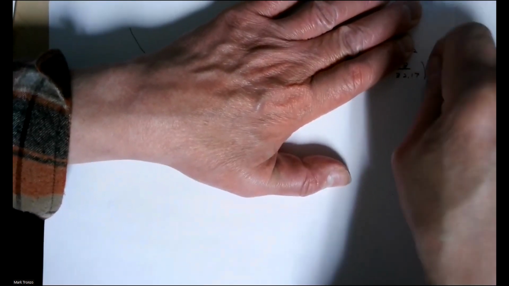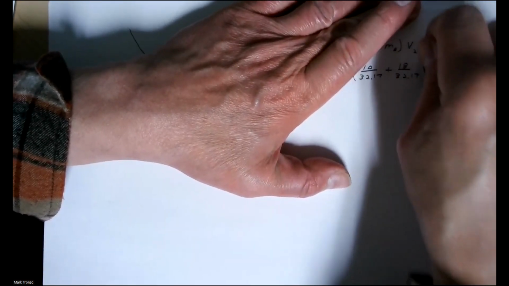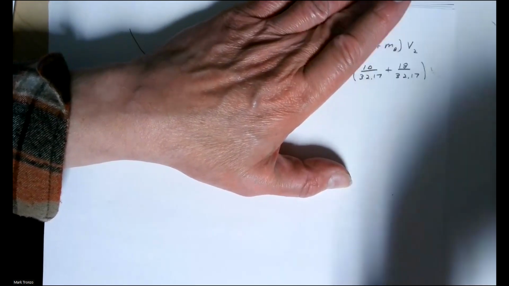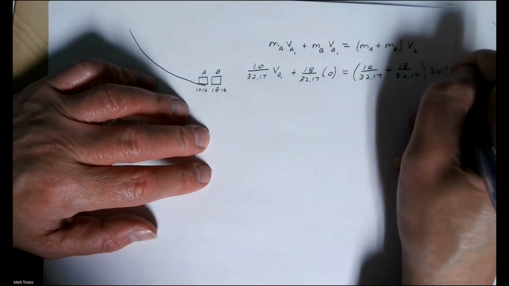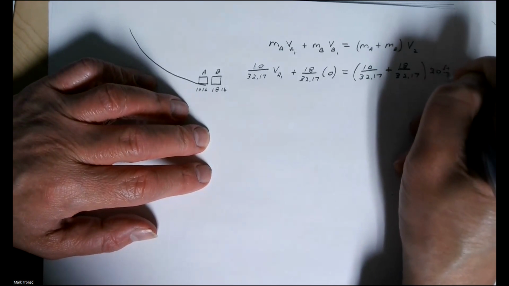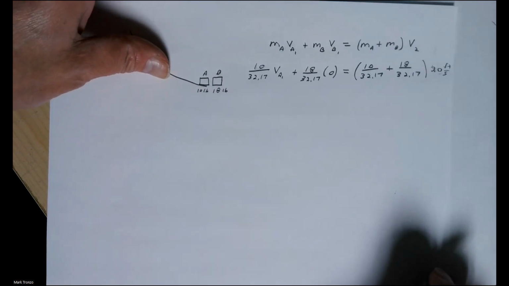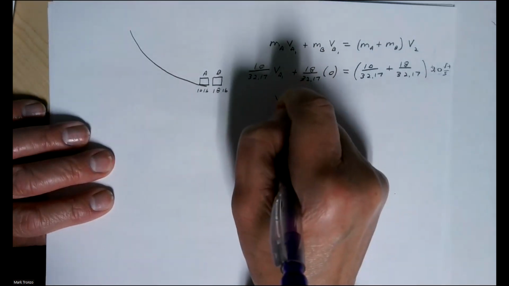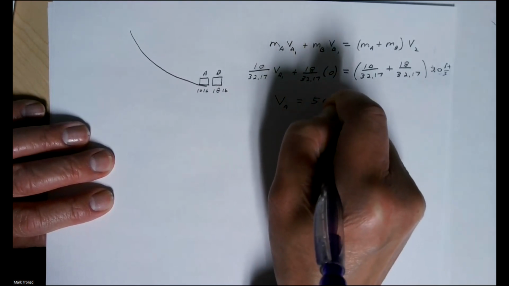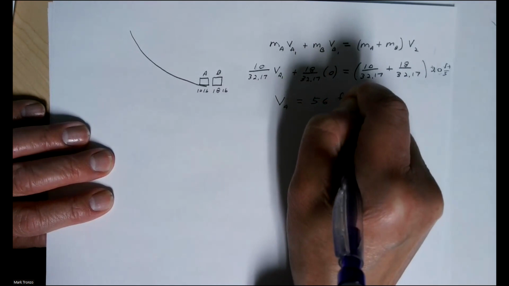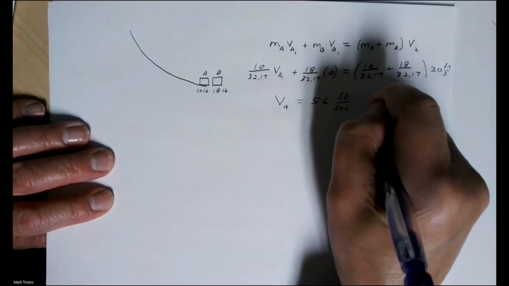We're given that that's 20 feet per second. So now if we solve this for VA, we get that the velocity of A was 56 feet per second just before impact.